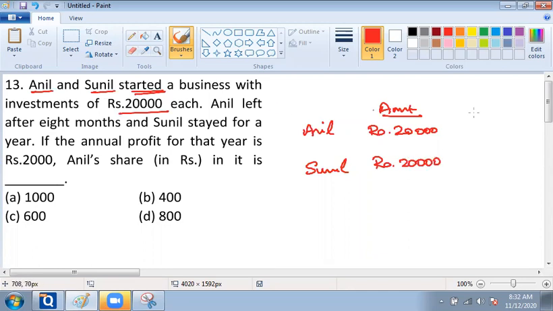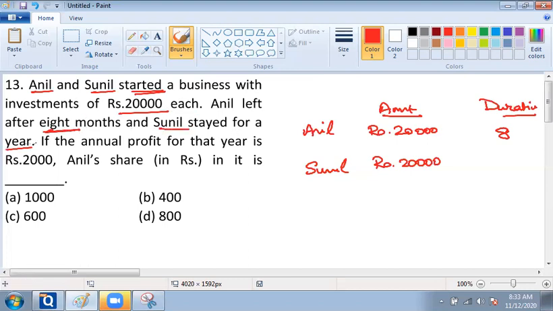Now, considering the duration, we can see that Anil left after 8 months and Sunil stayed for a year. We are considering a duration of altogether 1 year. In this 1 year span of time, Anil is in the business only for 8 months because it is given Anil left after 8 months.